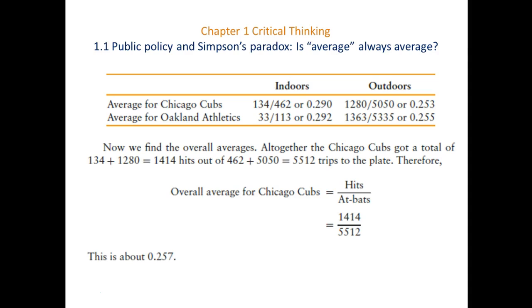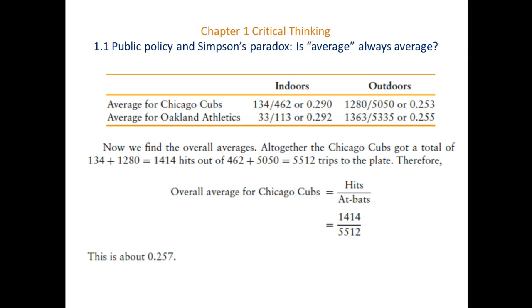Here the average for the Chicago Cubs was 29% indoors and 25.3% outdoors. The average for the Oakland Athletics was 29.2% indoors and 25.5% outdoors. Oakland Athletics performed better both indoors and outdoors. Now we find the overall averages.